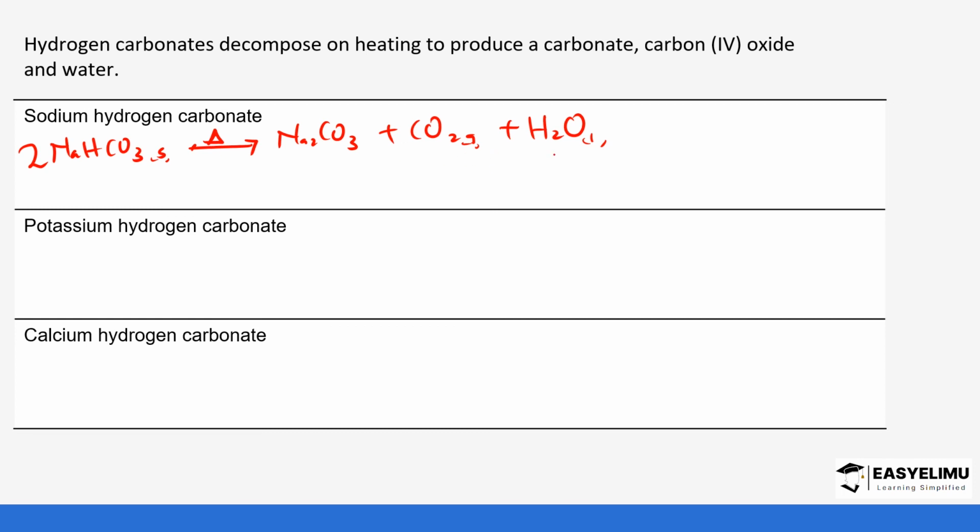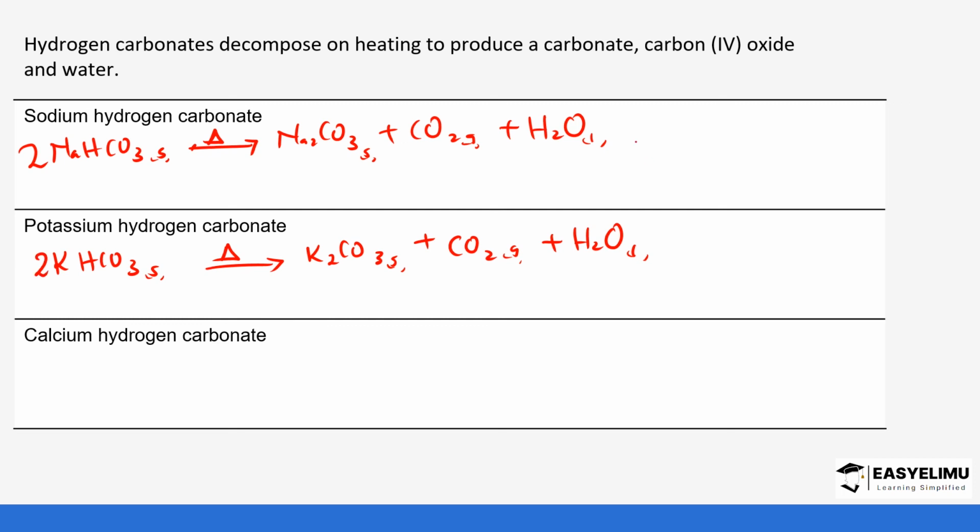this side. The same thing happens when you heat potassium hydrogen carbonate. It produces potassium carbonate. It does not decompose fully as well. This is solid, plus carbon dioxide plus water. If we balance it, we are going to put also a 2 here.